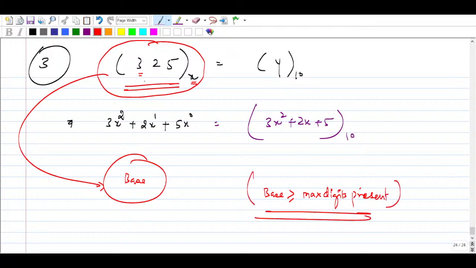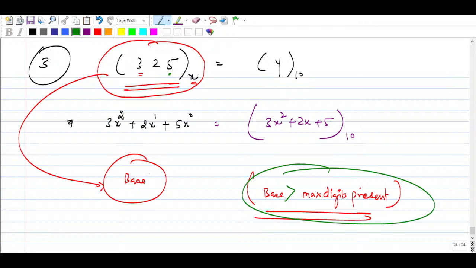So if 3 2 5 and the base x is given, you can directly tell what the x value can be. Here you can see the maximum digit is 5. Should be greater, always greater. Whatever digits are there, 3, 2, 5, the maximum digit is 5.